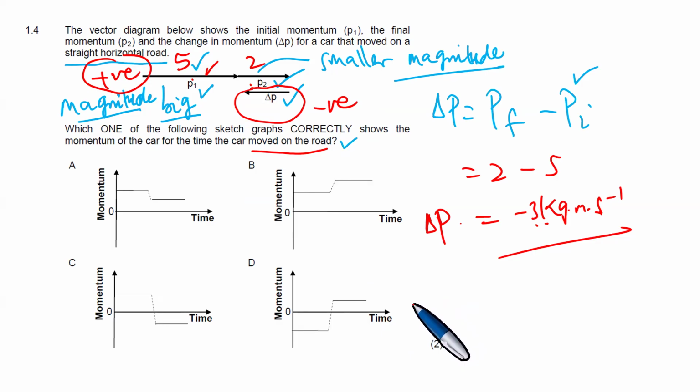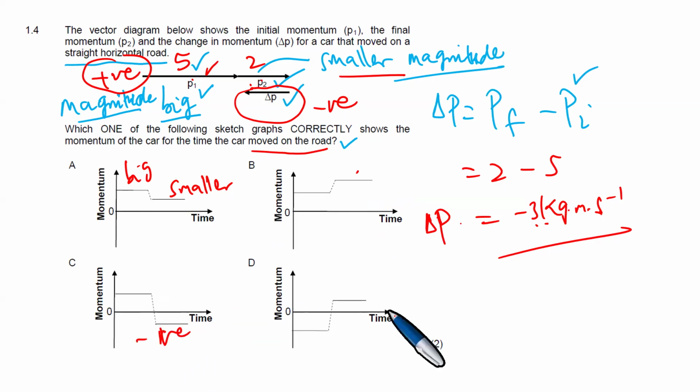The initial momentum was big, because the vector is long, and then it became smaller. Obviously, this option won't be the case, because it means the final momentum became bigger. Another option means the momentum became negative. Not the case. Negative means in the opposite direction, but they are in the same direction, both to the right.